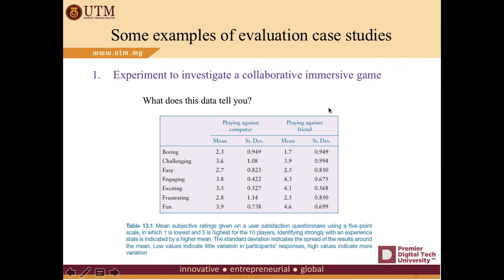Number two, you allow a group of people to play against friends. From there, you create a few variables that can be highlighted here, based on boring parameters, challenging parameters, easy parameters, engaging parameters, exciting parameters, frustrating parameters, and the last one is fun parameters.